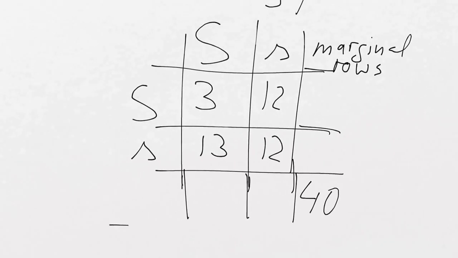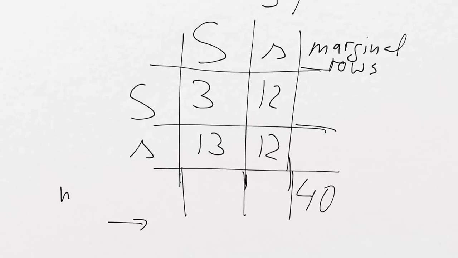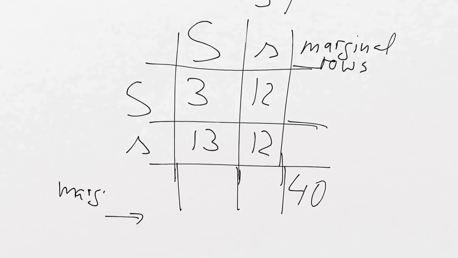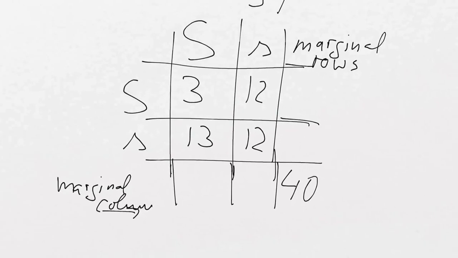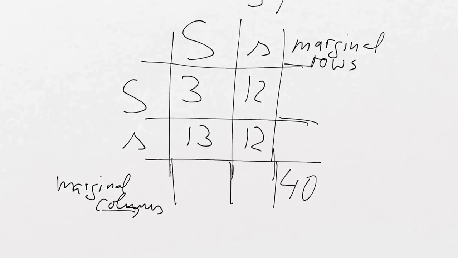And this one here is called the marginal columns. Marginal because it is in the margin of this table.